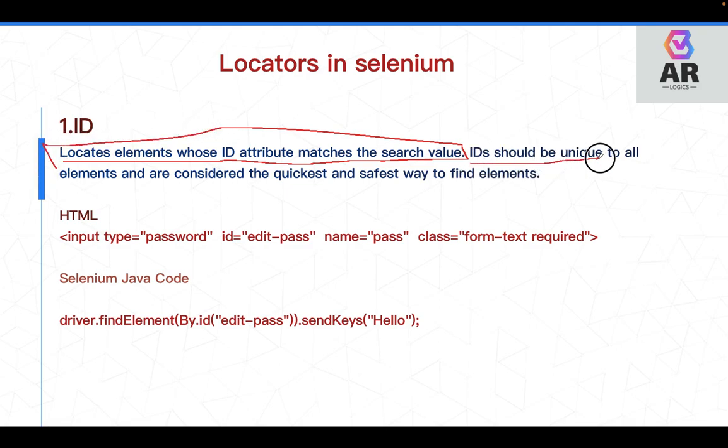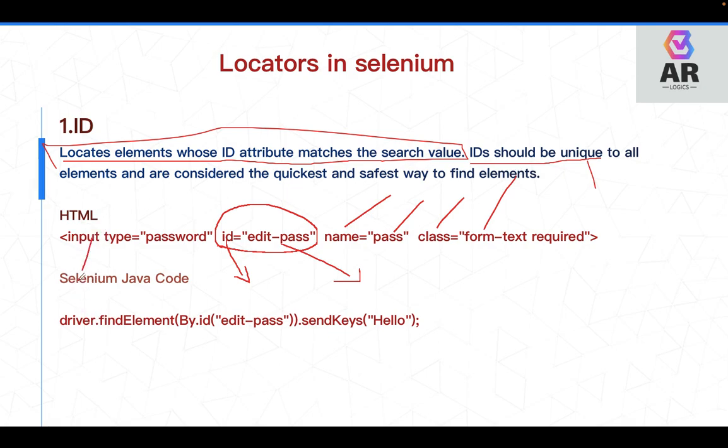The ID should be unique in the HTML tag; we will not have two with the same ID. Unique means only one is there. ID is considered the quickest and safest way to find an element. See, this is the ID attribute and this is the attribute value. Name is also an attribute with an attribute value, and class is an attribute with an attribute value. This is the tag name.